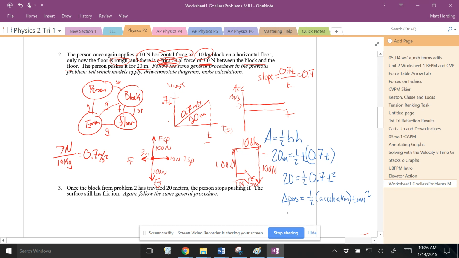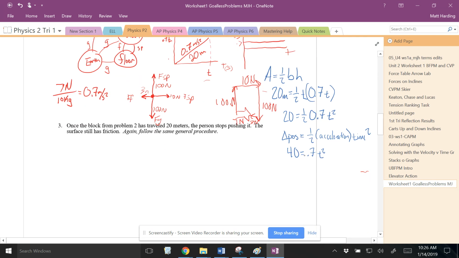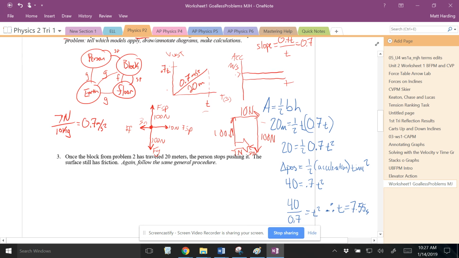Multiply both sides by 2, that's 40 equals 0.7 t squared. So 40 over 0.7 is t squared, and that gives me a t of something in the 7 ballpark, 7.55 seconds.